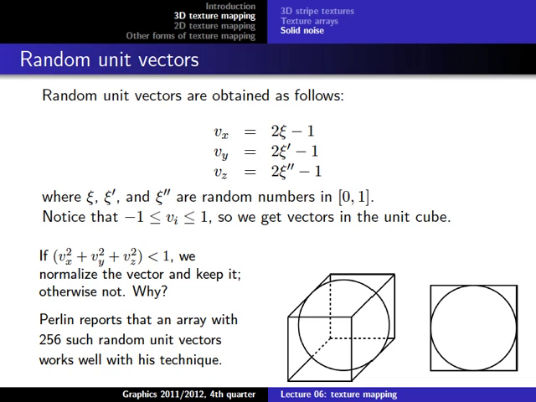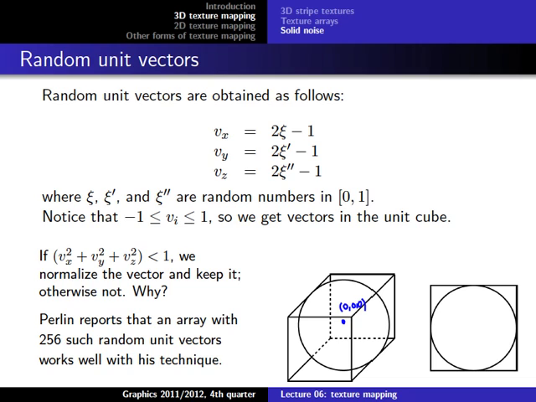But let's look first at how we get the random vectors that we want to have there. We want random vectors with values between -1 and 1, within the unit sphere. The unit sphere is defined as having the origin 0, 0, 0, and vectors that have a maximum length of 1, so they are all within this unit sphere.